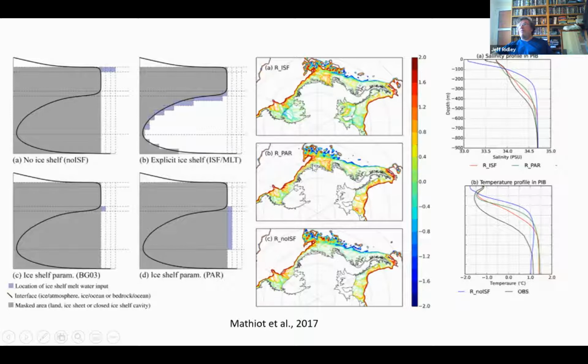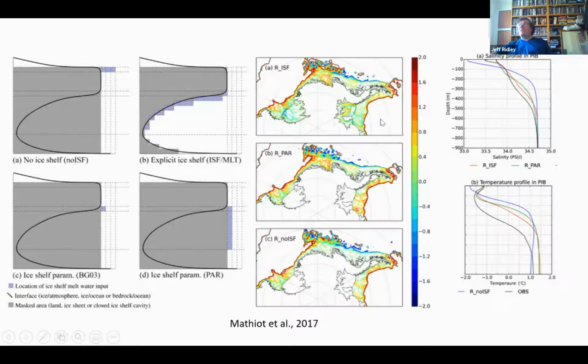But if you parameterize the ice shelf as this ice shelf par, with the meltwater put in at the depth of the base of the ice shelf, then you also get that stream function appearing.